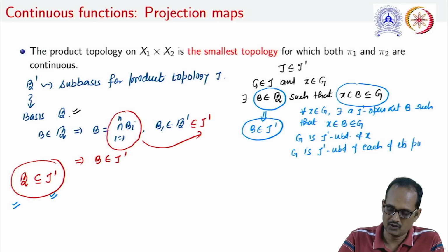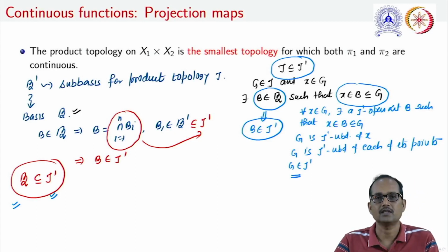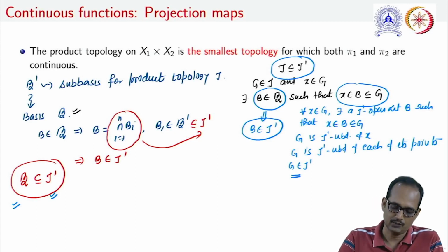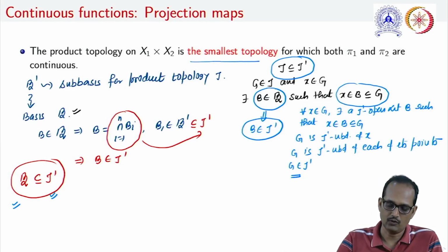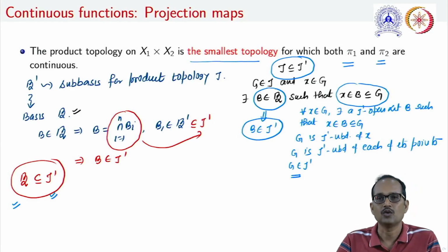And if this is a neighborhood of each of its points, we can say that G belongs to tau dash. Hence, this tau is coarser than tau dash, or the product topology is the smallest topology for which the projection maps pi 1 and pi 2 are continuous.